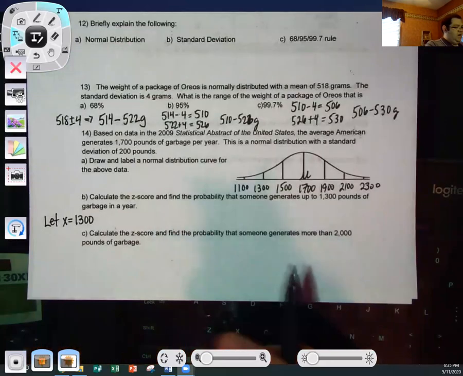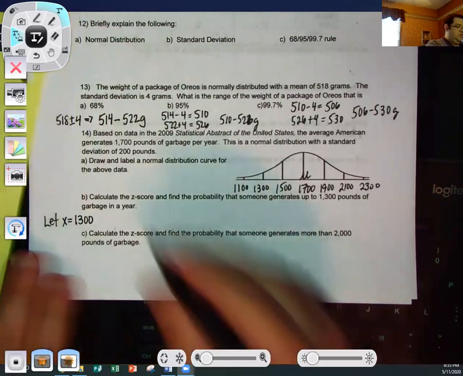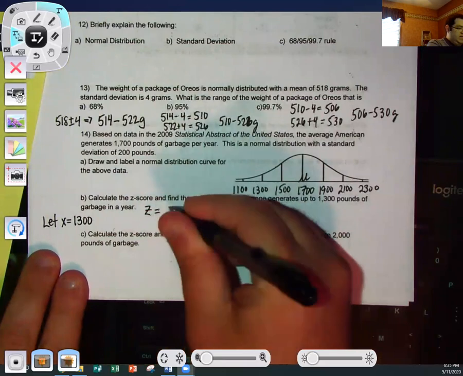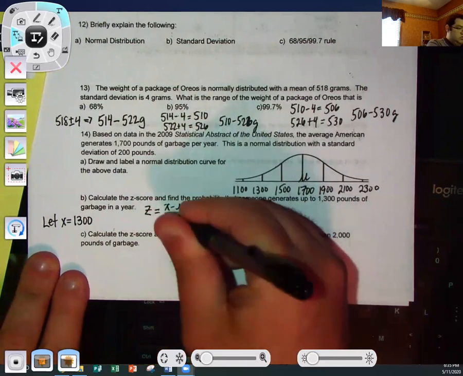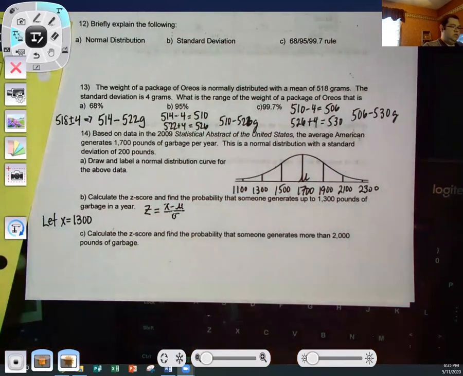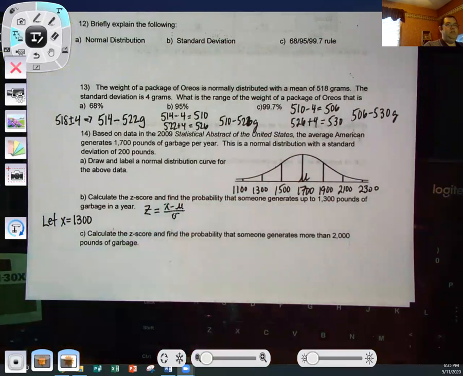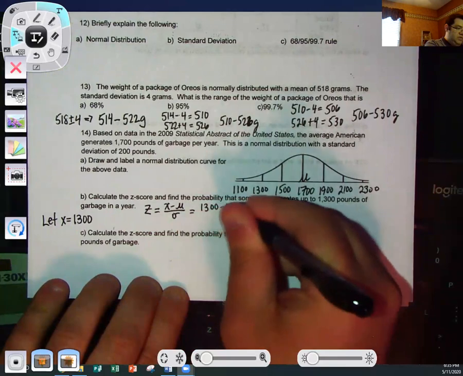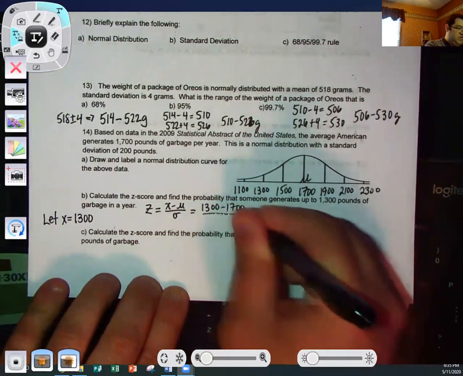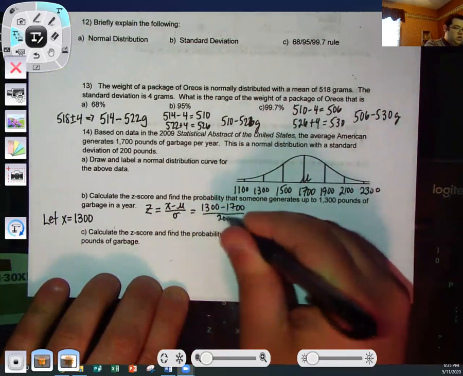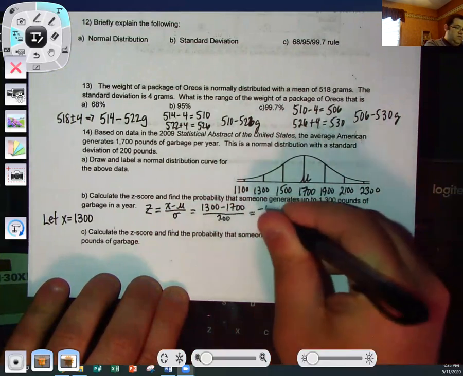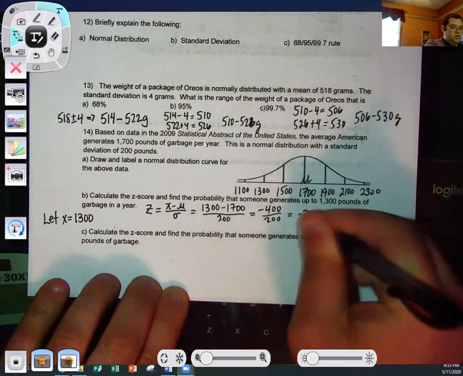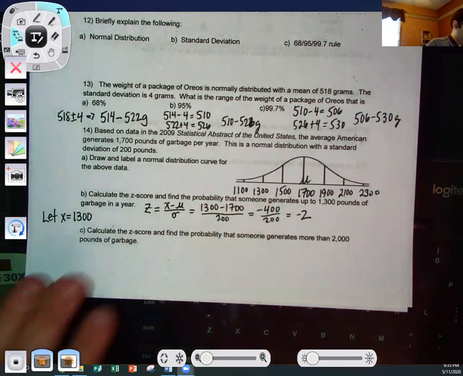So remember to calculate z-scores, we use the formula z equals x minus mu divided by sigma. So x minus the mean divided by standard deviation. So this would be 1,300 minus 1,700 divided by 200. So we end up with negative 400 divided by 200, which gives us a z-score of negative 2.